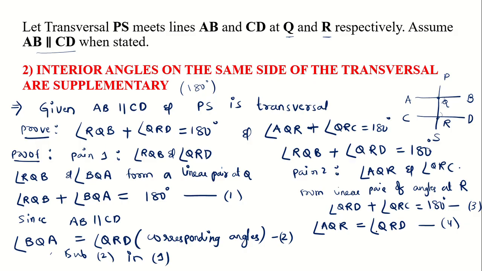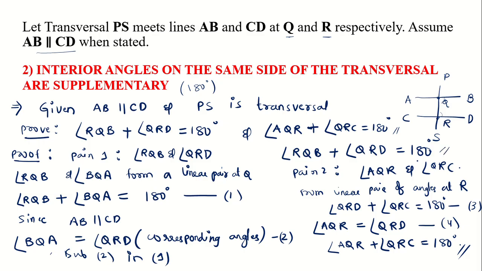Now substitute this in your third statement. So what you will get? You will get angle AQR plus angle QRC is equal to 180 degrees. So this is your second pair and this was your first pair, right? We proved that both pairs of interior angles are supplementary.